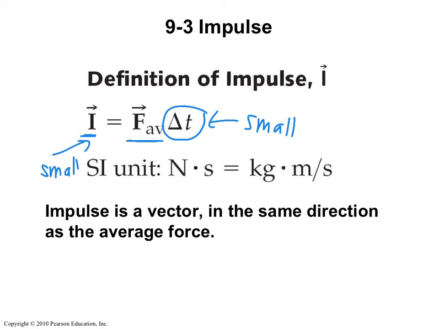Once again, this is a vector, so it's going to have a direction. For our units, they're newtons times seconds. If we write that out, that's kilogram meters per second. This is the same unit as momentum. So these are actually the same thing. How cool.